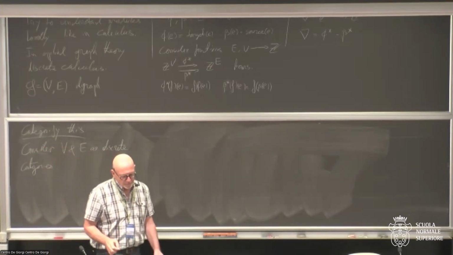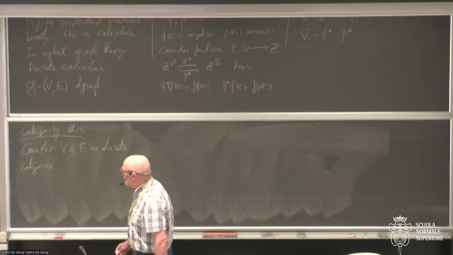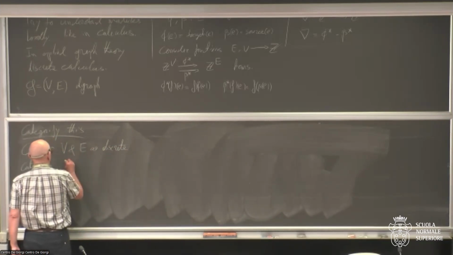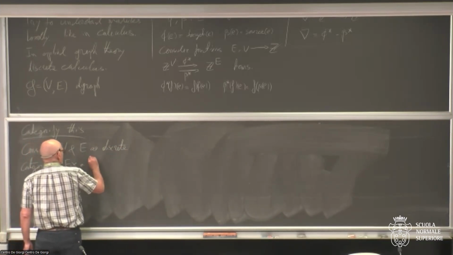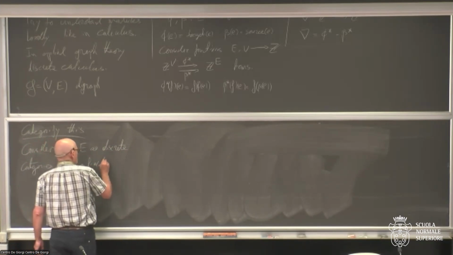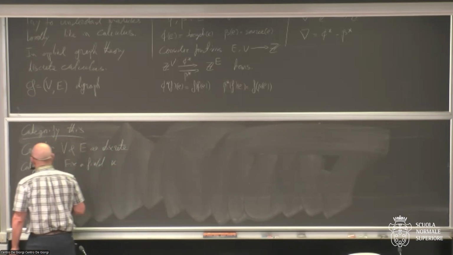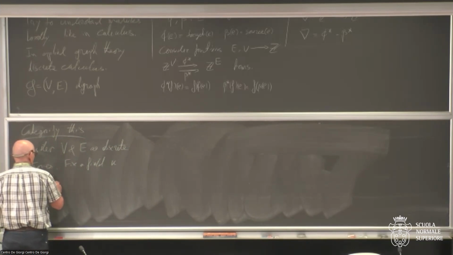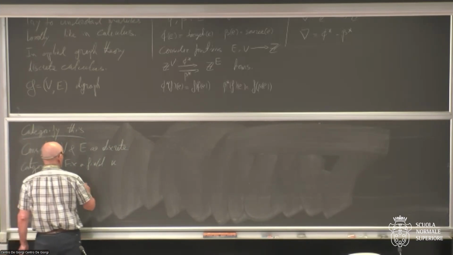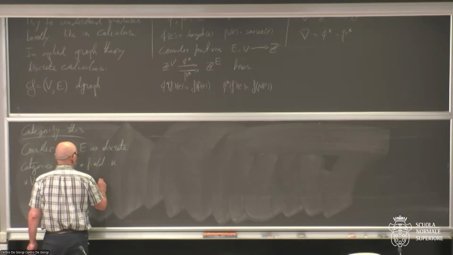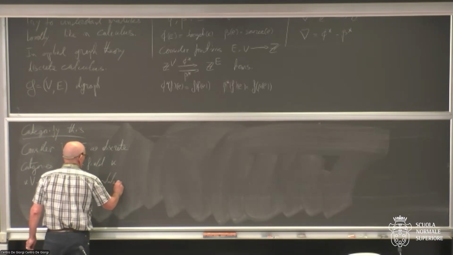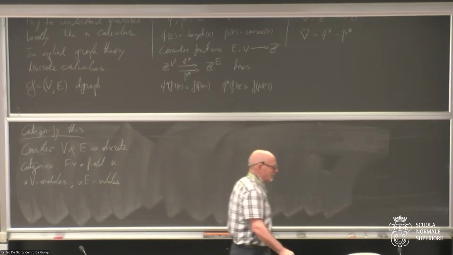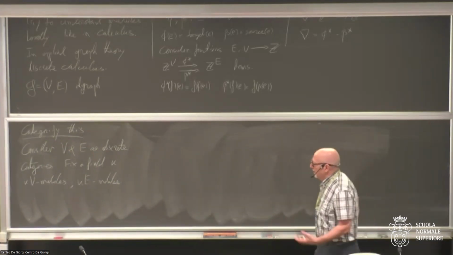I can consider the categories of K, so fix a field K, and I want to consider KV modules and KE modules. Now, what are these? It's a tiny bit abstract, but really it's nothing complicated.